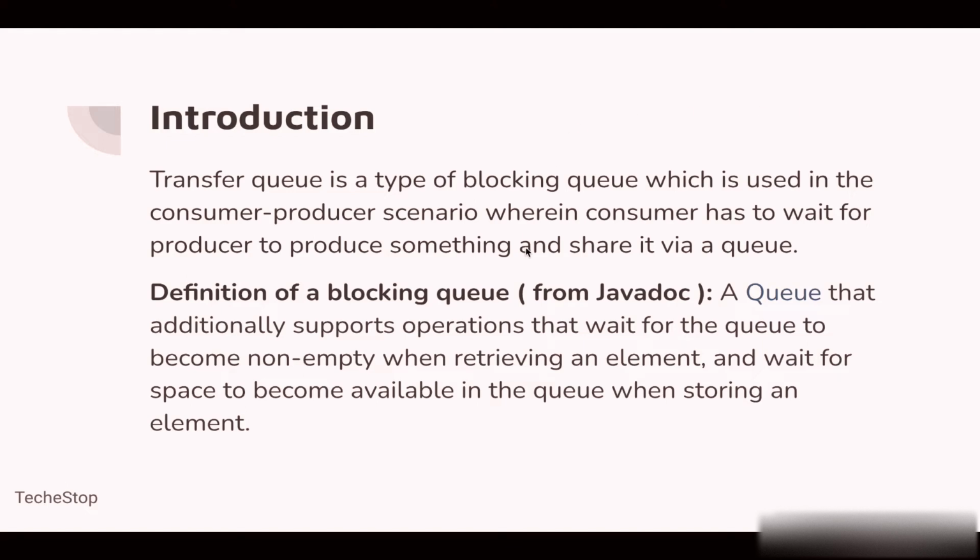The definition of a blocking queue would be a queue that additionally supports operations that wait for the queue to become non-empty when retrieving an element, and wait for space to become available in the queue when storing an element.